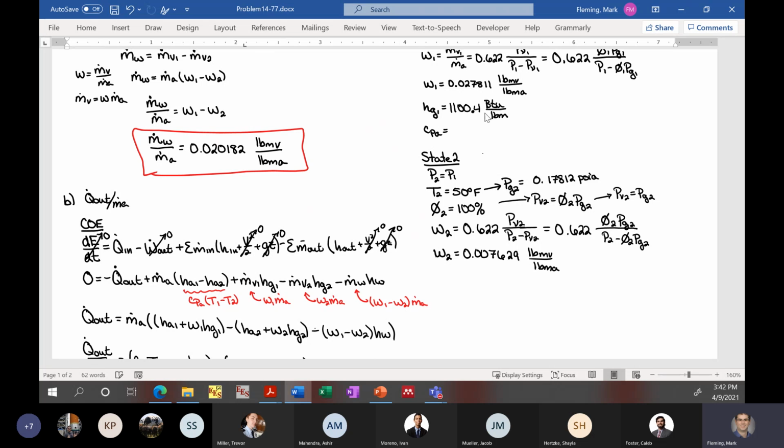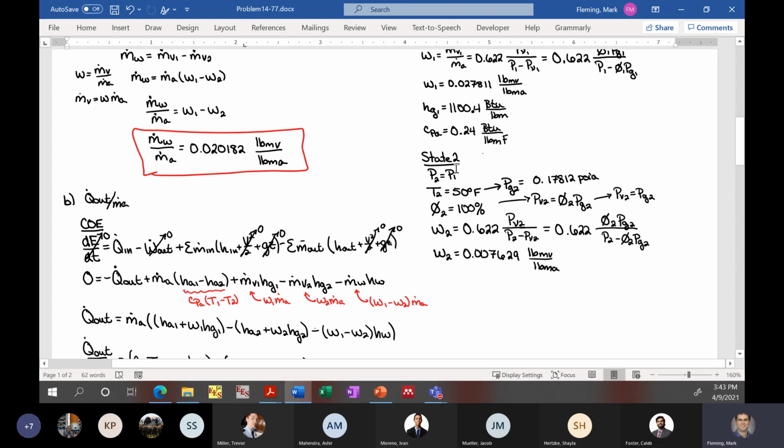We should also look up the specific heat for air, and we'll get 0.24. The units on this are BTU per pound mass. Technically this would be Rankine, but since this is a delta Rankine, that would be the same thing as a delta Fahrenheit. So we'll just put an F in that portion.